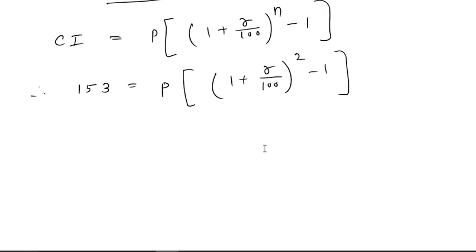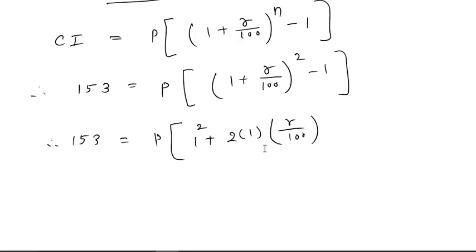Now here I will simplify this bracket. So 153 will be P into, inside it is 1 plus R upon 100 the whole square. You know the formula (A plus B) whole square: A square, that is 1 square, plus 2AB, so 2 into 1 into R upon 100, plus B square, that is R upon 100 the whole square, minus 1.